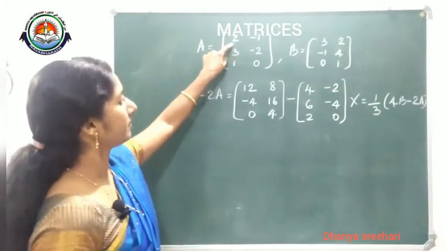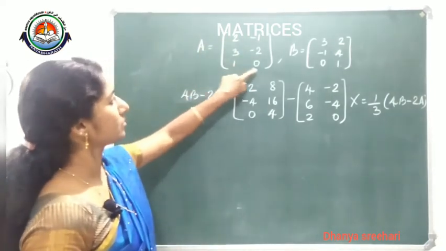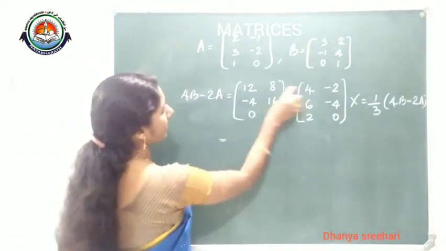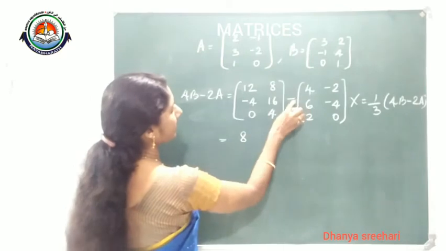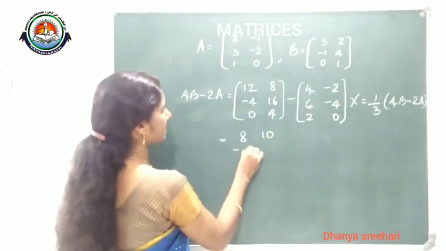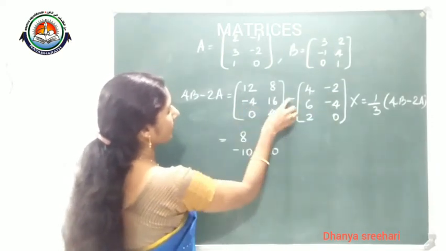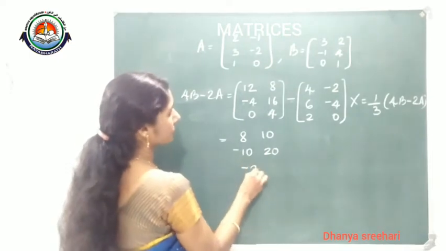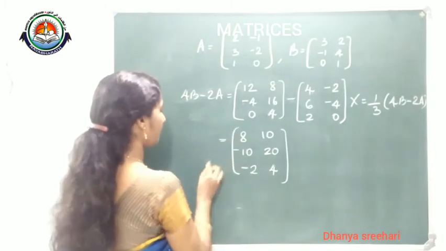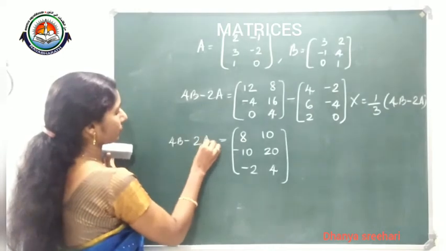Multiplying, we get 4, minus 2, 6, minus 4, 2, 0. Correct? Now doing the subtraction: 12 minus 4 is 8, 8 minus 2 is 10, minus 4 minus 6 is minus 10, 16 minus 4 is 20, 0 minus 2 is minus 2, 4 minus 0 is 4. So this is the matrix 4B minus 2A.